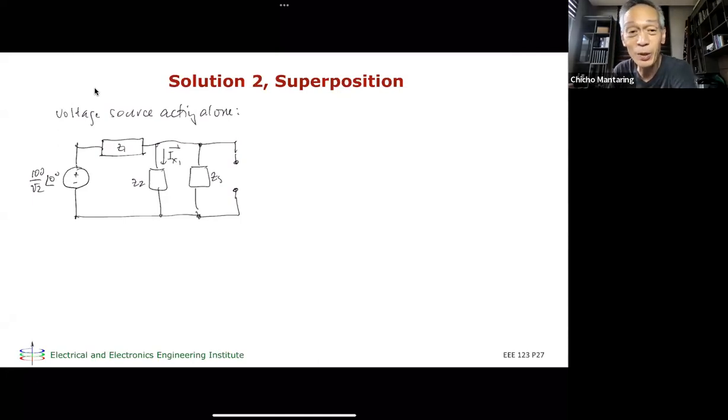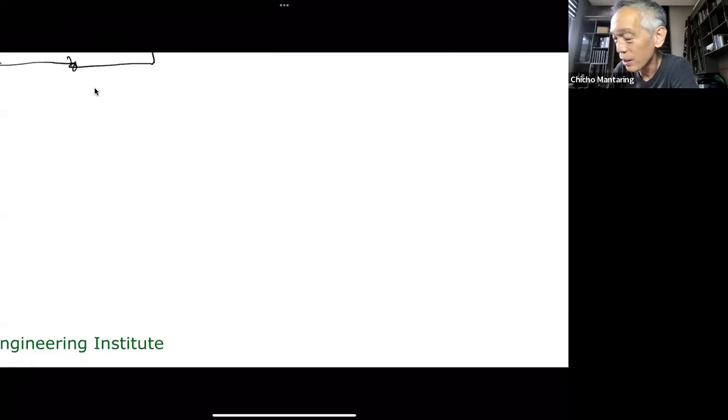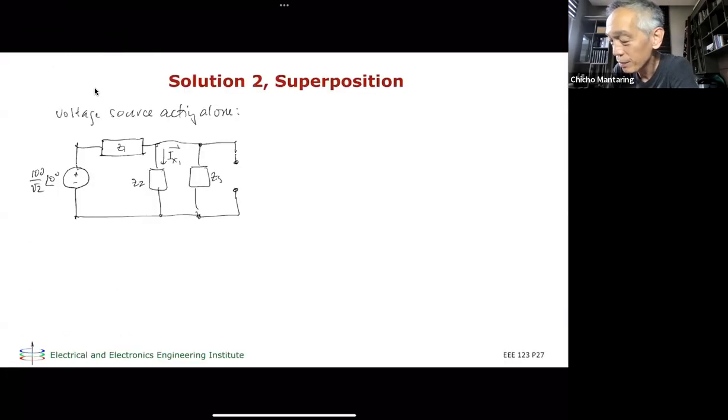There are many ways to compute IX1. This is the voltage source acting alone. So what are the different ways of computing for IX1? One way is, again, suppose this is V of x.